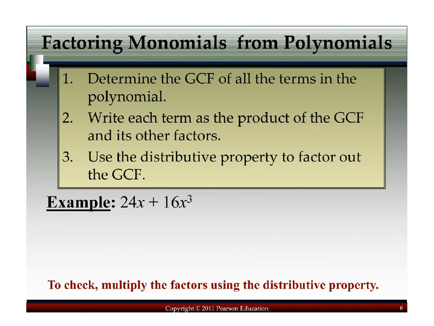Okay, so to factor out a monomial from a polynomial, first we need to determine the GCF of all of the terms in the polynomial. So let's look at this: 24x and 16x cubed.